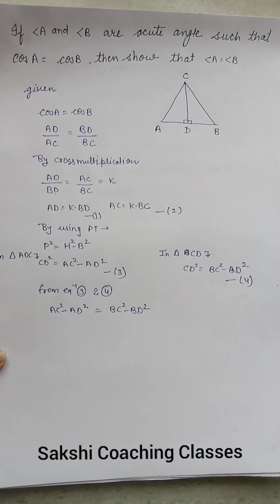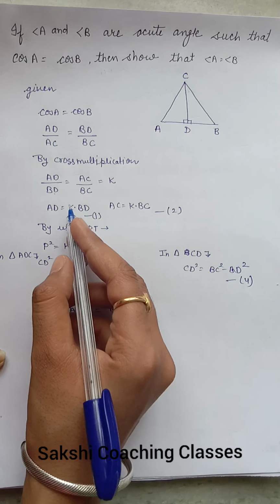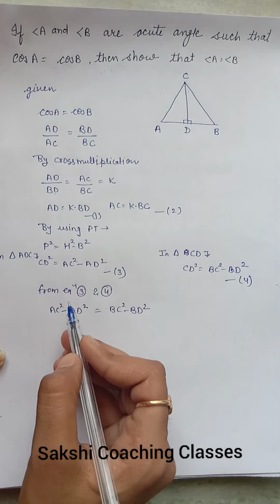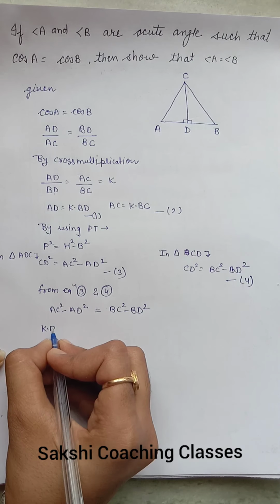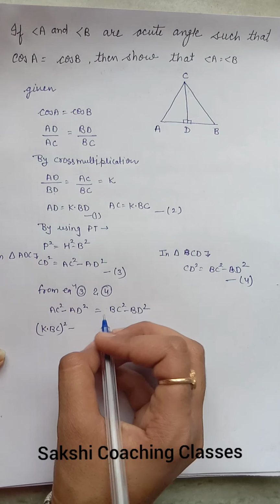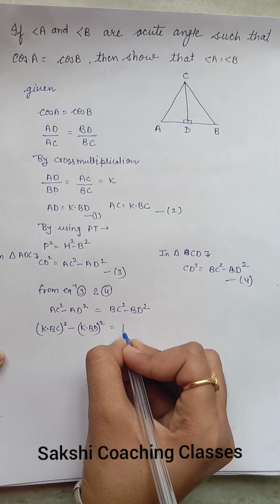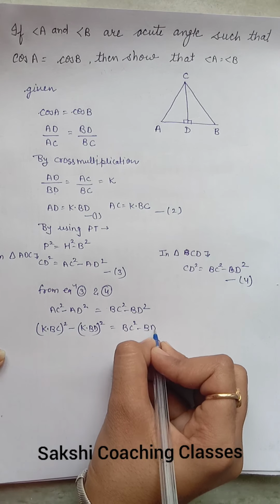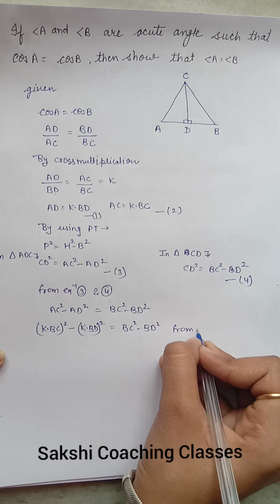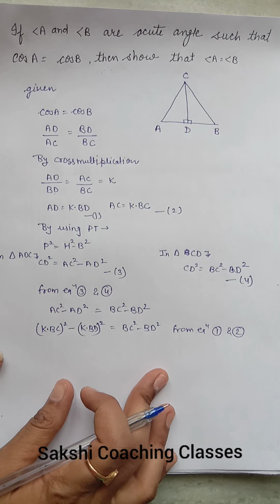Now put the values of AC and AD. AC is equal to K dot BC and AD is equal to K dot BD, from equations 1 and 2. Clear?